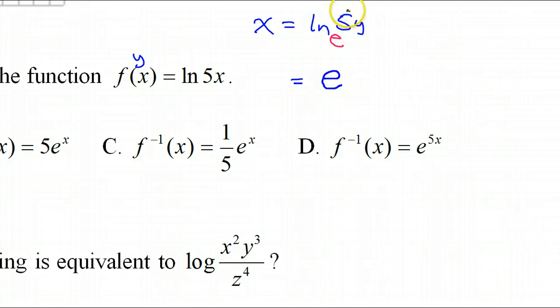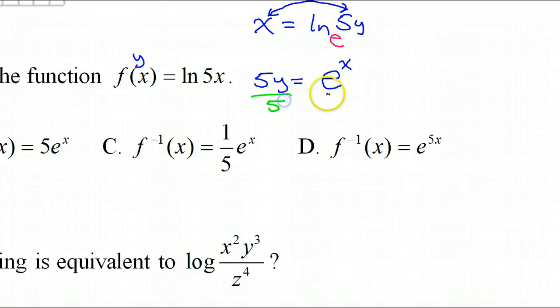Now the 5y and the x are going to change sides. The 5y is going to come over here. The x is going to come over here, but it will be the exponent. Getting y by itself, we will just divide by 5 on both sides.